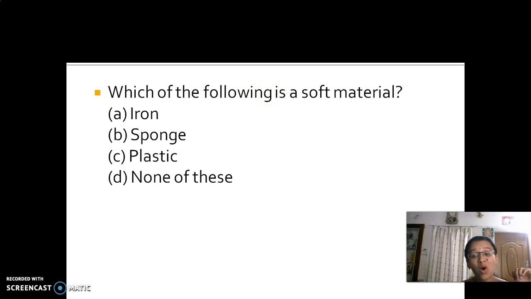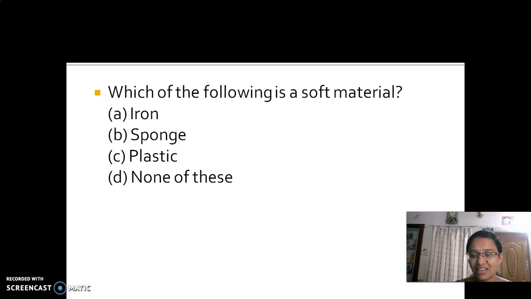Yes, in hardness. Based on their hardness, materials are classified into two types: hard materials and soft materials. How can we identify whether they are hard or soft? By touching, and also by the ability to withstand scratches.